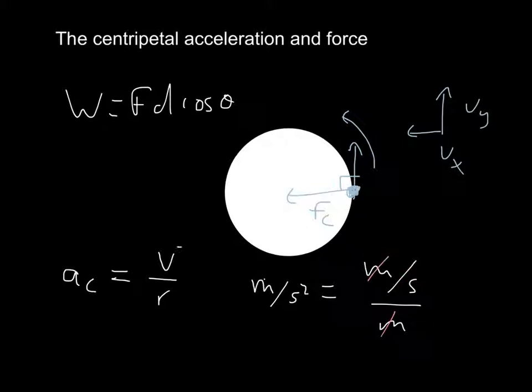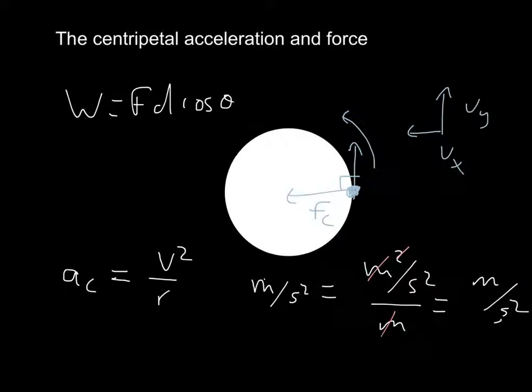I just need to square the speed. If I square the speed, then I get meters squared per second squared over meters, and then only one meter remains. What I get is meters per second squared, which is exactly what I need for an acceleration.